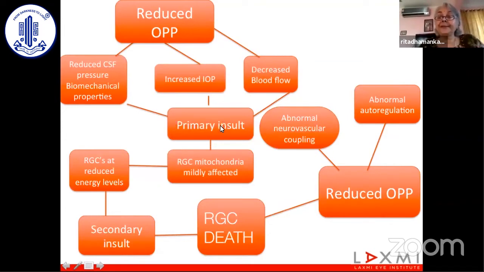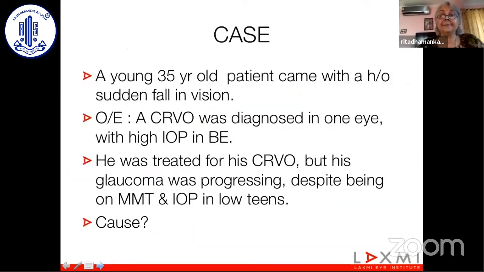Now, in the primary insult, the RGC mitochondria are mildly affected, and therefore the RGCs are now at reduced energy levels. This leads to a secondary insult, and that finally leads to the RGC death. Now, the reduced ocular perfusion can also be because of abnormal neurovascular coupling or abnormal autoregulation, and that in turn also again leads to the RGC death.